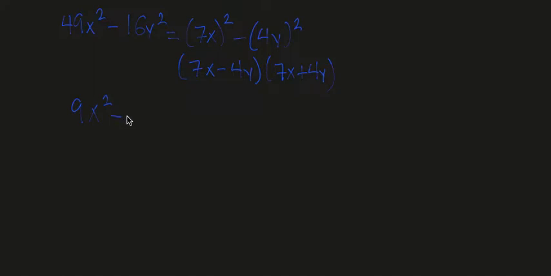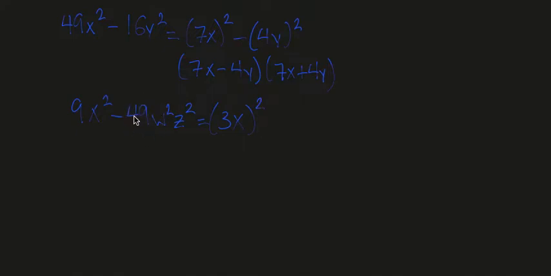Our next question is 9x squared minus 49 w squared z squared. We need to think about what term times itself is going to be 9x squared. That will be 3x squared.